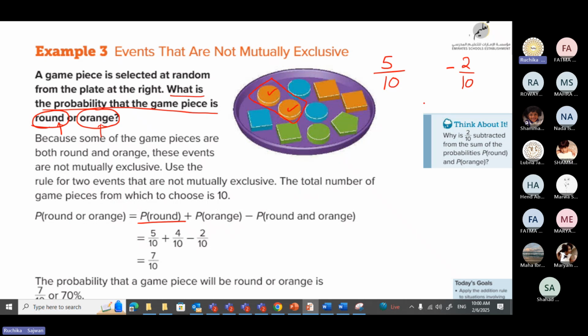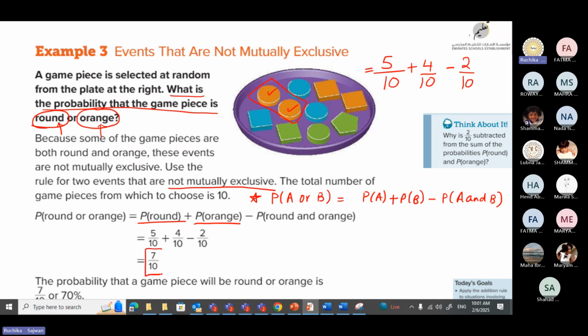What about orange color? How many of them are in orange color? Can you count for me? Probability for orange? 4. So I'm going to add 4 over 10, and then I'm going to subtract the common. So which formula did I use? From the last slide, probability of A or B is equal to probability of A plus probability of B minus probability of A and B. This is the formula which we've used because these are not mutually exclusive.